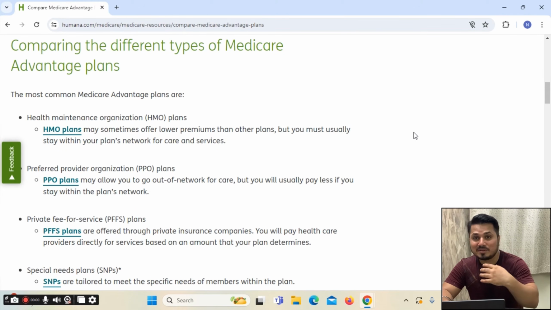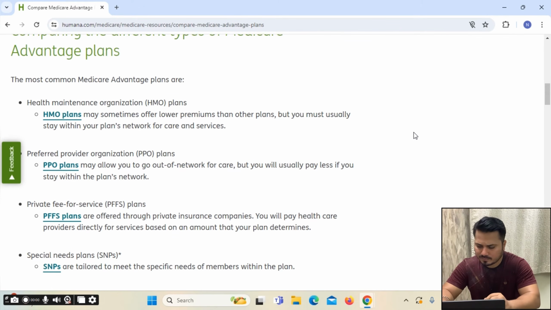This is what we have already discussed, and we know what a Health Maintenance Organization is, but still, let's do a revision. HMO plans may sometimes offer lower premiums than other plans, but you must usually stay within your plan's network for care and services.